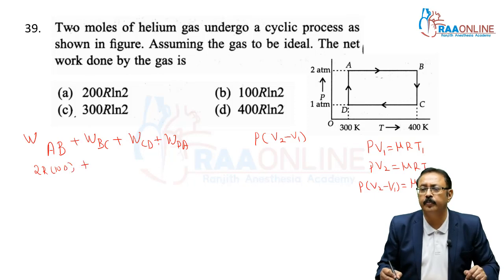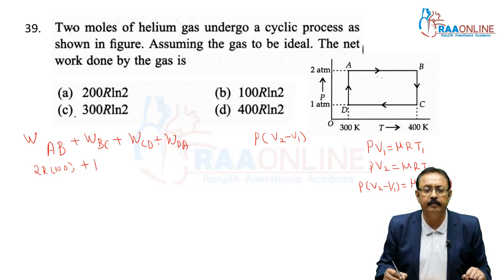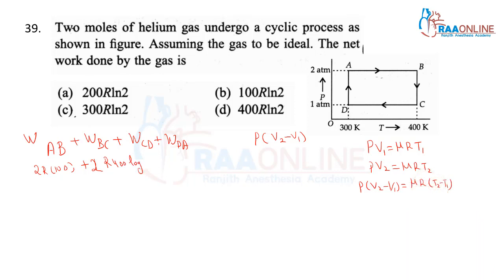Plus WBC. It is an isothermal process. So work done should be equal to mu RT log V2 upon V1. Mu is 2, temperature is 400.